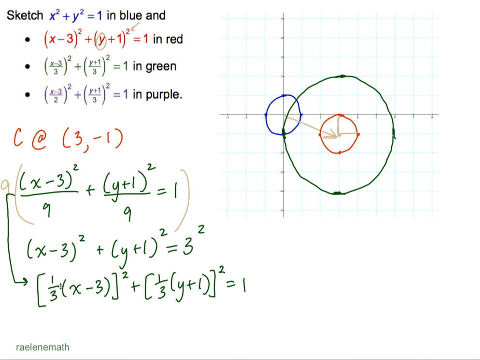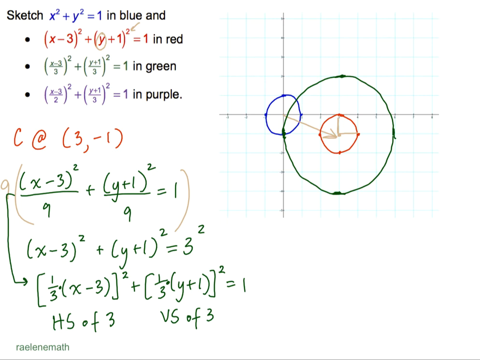But now this multiplication factor is a scale factor, and there's one for x, so it's a horizontal scale factor, and there's one for y, a vertical scale factor. And from here, we know we are always going to do the opposite for transformations. So the horizontal scale factor is of 3, and the vertical scale factor is of 3, which is why we took the radius horizontally and vertically and multiplied by 3.